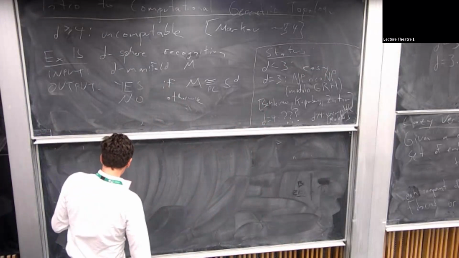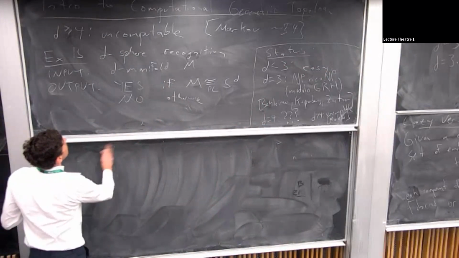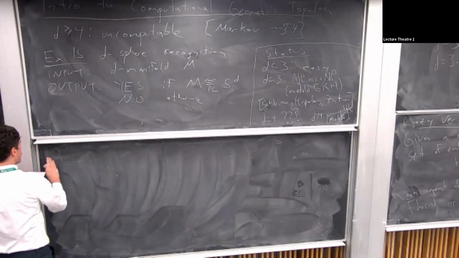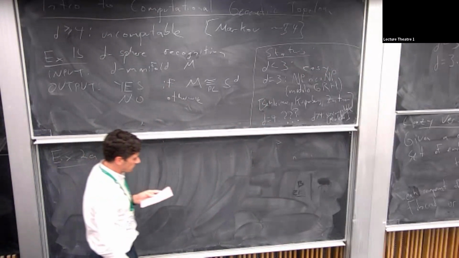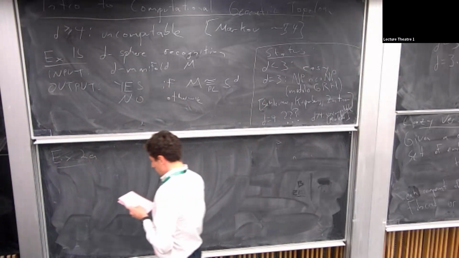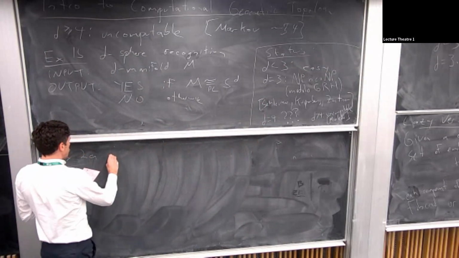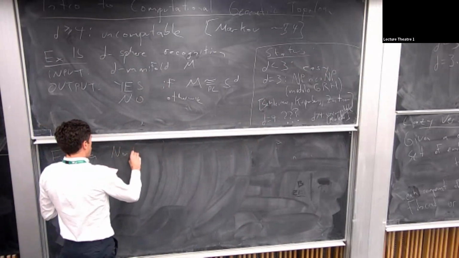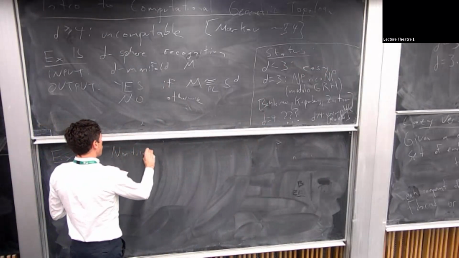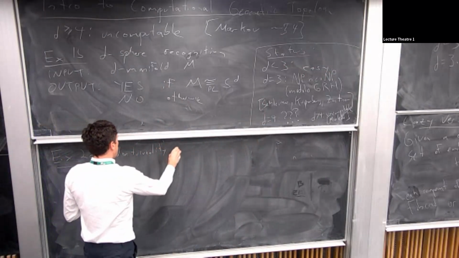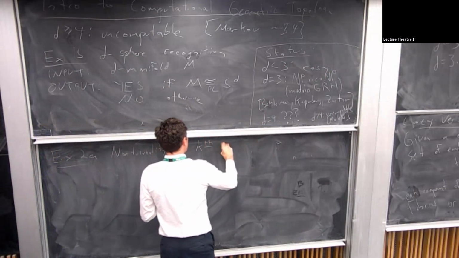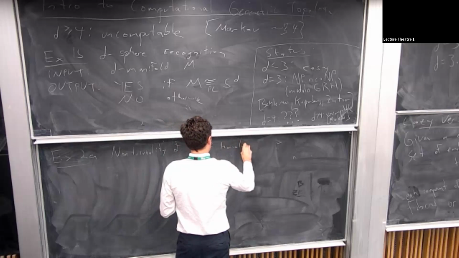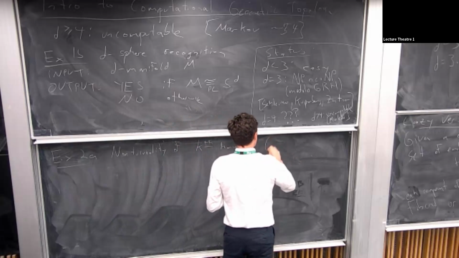Okay, so let me talk about invariants now, to give you some other examples. I've talked about basic decision problems, so let me do maybe an easy one. This problem is a little bit contrived, but we could talk about the non-triviality of the kth homology. And it's important here that k is fixed.